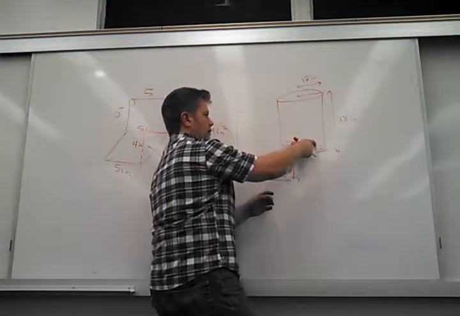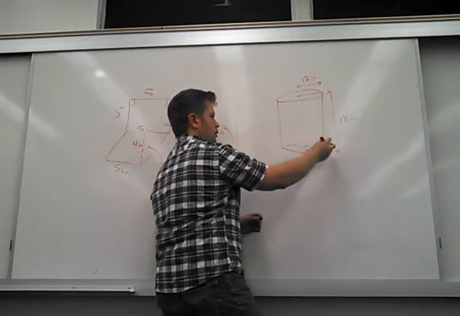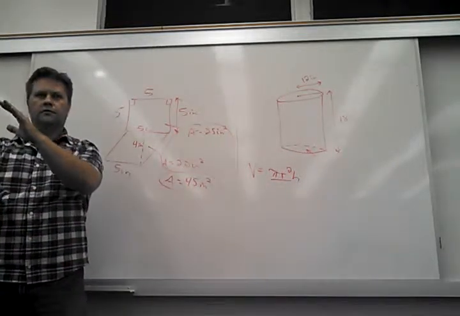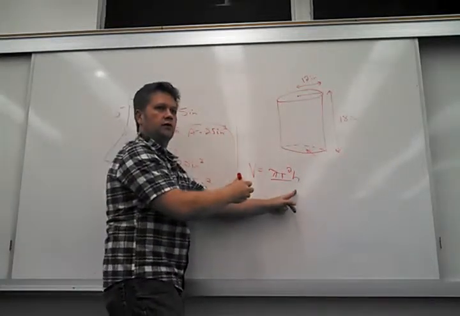Remember I was saying if you stack pennies up, you have the area of one penny and then you multiply by how many there are? That's the volume. But again, I'm going to give you the volumes on the test. You just got to plug and chug.